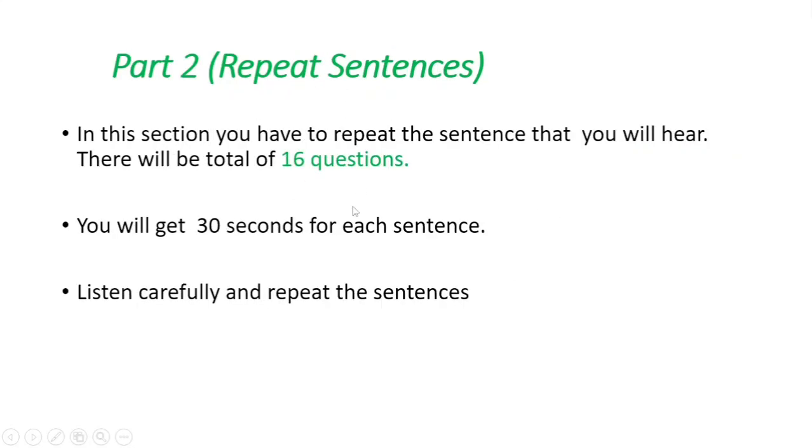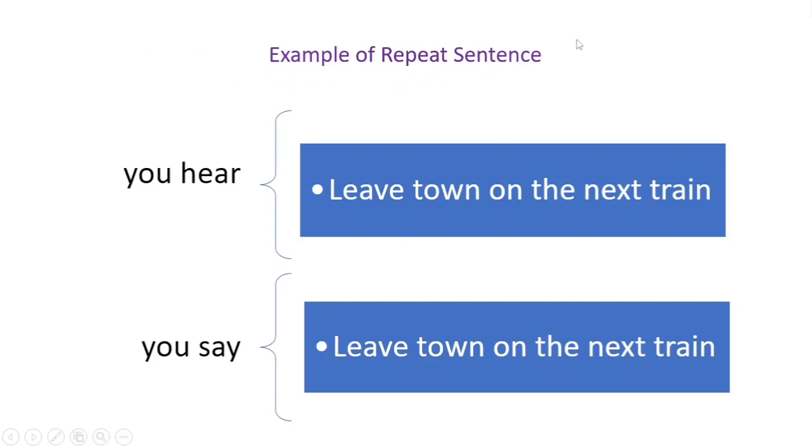The second section of this communication round is repeating the sentences. In this section you will have to repeat the sentences that you hear. There will be a total of 16 questions, and you will get 30 seconds for each sentence, and you have to listen carefully and repeat the sentences. This is an example of repeating the sentence.